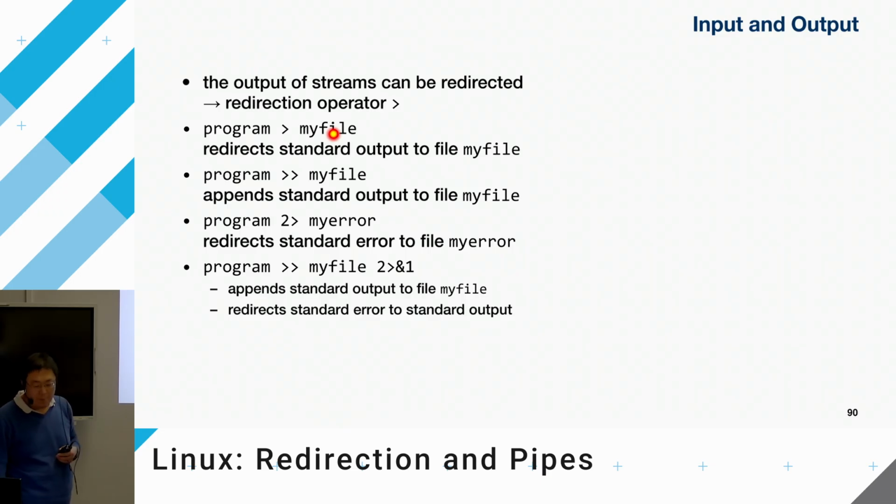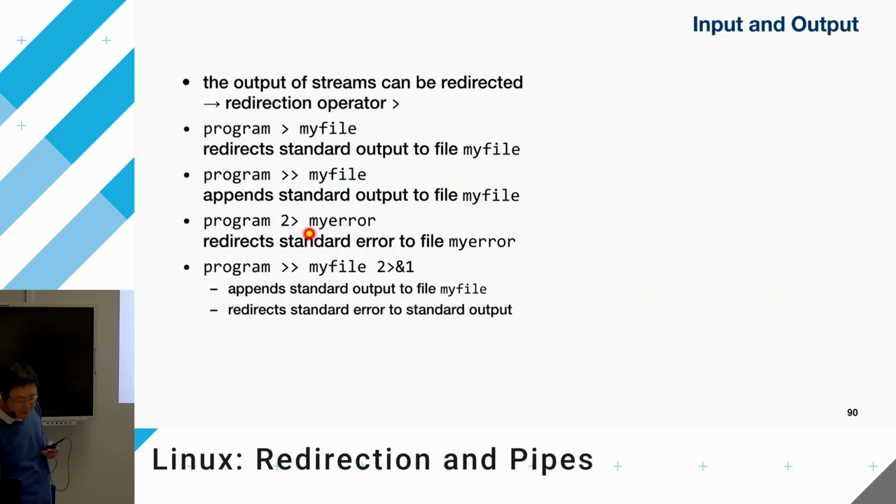And this will overwrite the original content in my file. Instead of overwriting everything, you can append the content to my file by using double greater than. And then the original content will still be there.